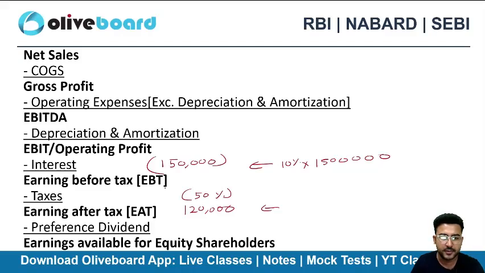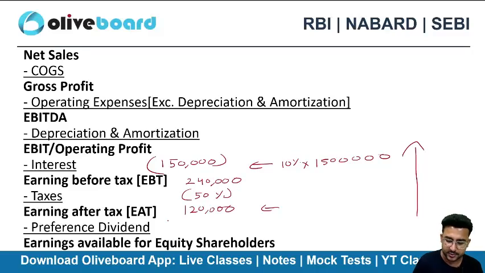If I go backward, my earning after tax is after reducing the taxation liability, which is 50%. So my earning before tax was 2,40,000. From 2,40,000, if I pay 50% tax, I'll be having 1,20,000, which is earning after tax.